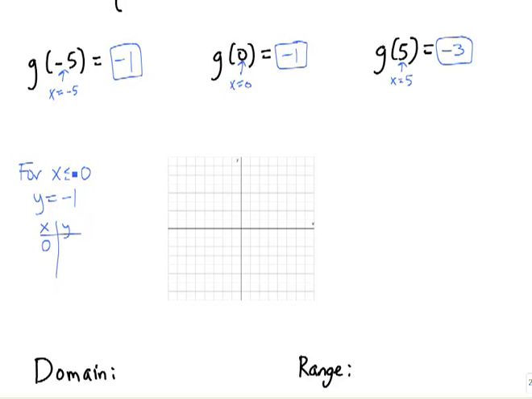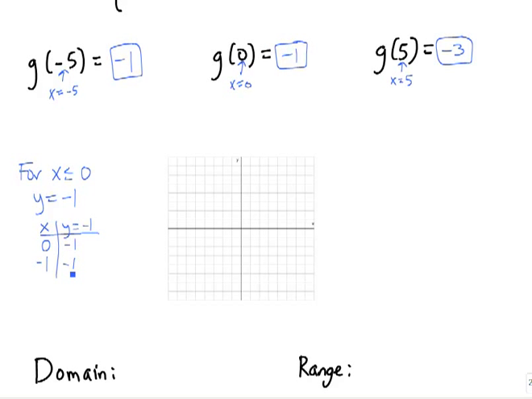We also want x is less than 0, so make sure that for your second x, you're picking something smaller than 0, something negative, like negative 1. Okay, so these are going to be my two x values that I choose. Remember, our function was y equals negative 1, and that doesn't have an x in it, so it doesn't matter what x's we had picked, the y value is always going to be negative 1 for both of these.